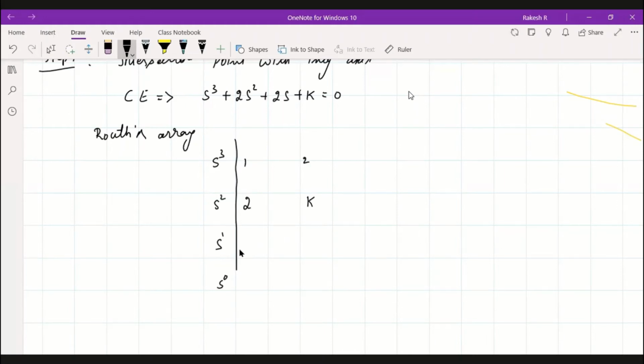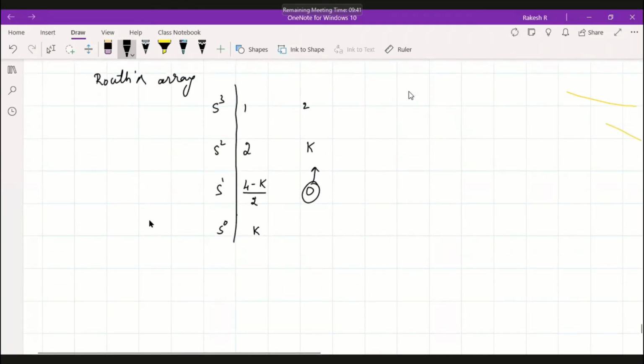Now we find the s raised to 1 row: 4 minus k divided by 2, and 0. The s naught value will be k, because we have 0 above that term, so we can write it directly.